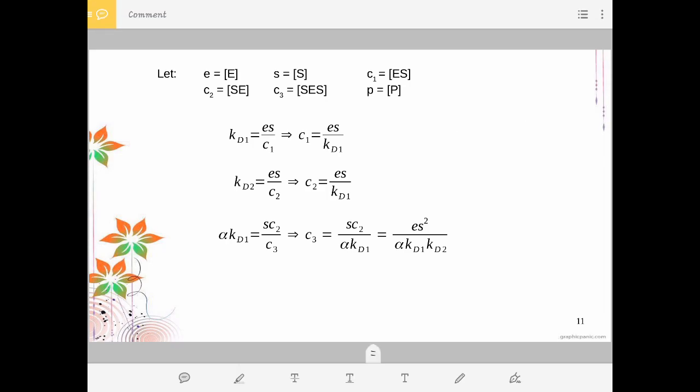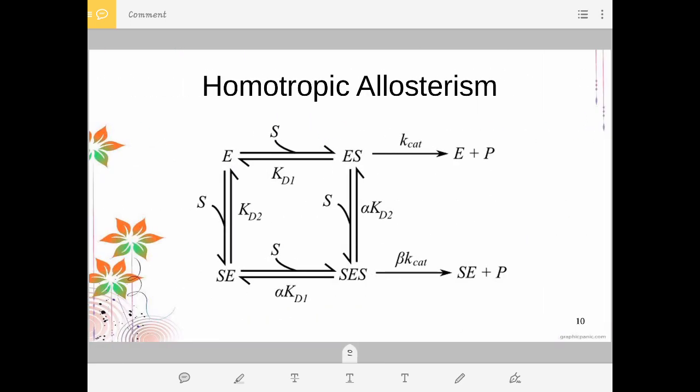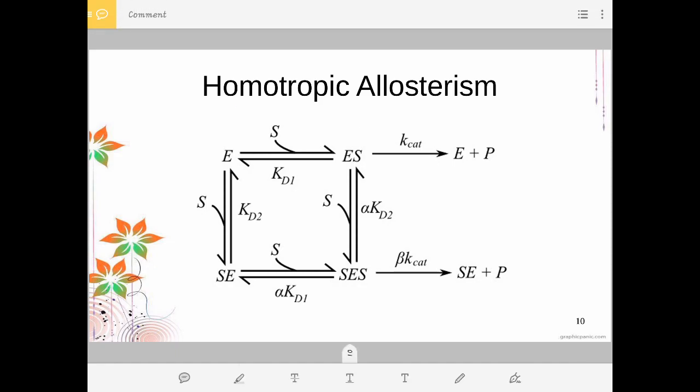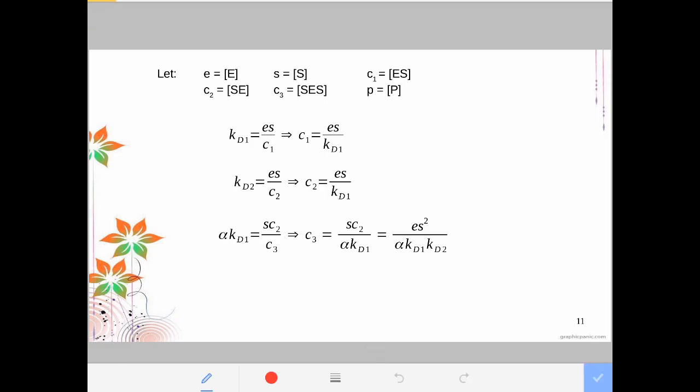Letting the concentrations of each species be E, C1, C2, C3, S, and P, let's say KD1. What is KD1? KD1 is the product, the enzyme substrate complex, which is complex 1, and your reactants are the enzyme and the S. So we have KD1 equal to ES over C1. And then rewrite that such that we get C1 equal to ES over KD1.